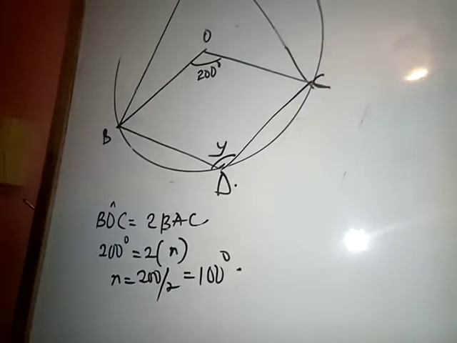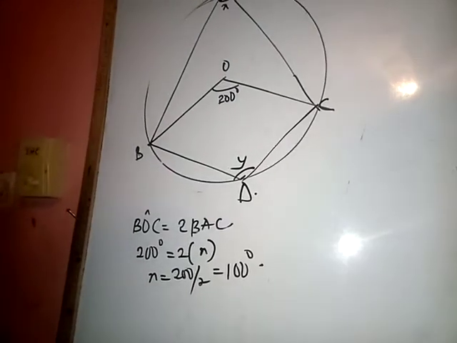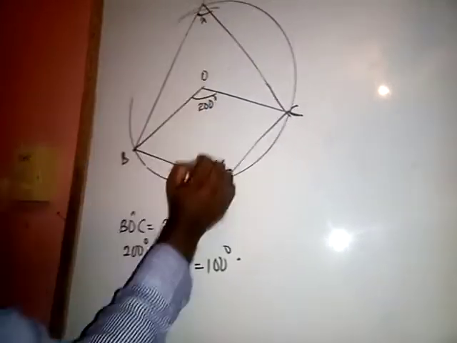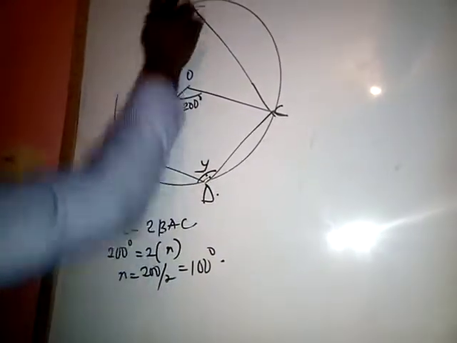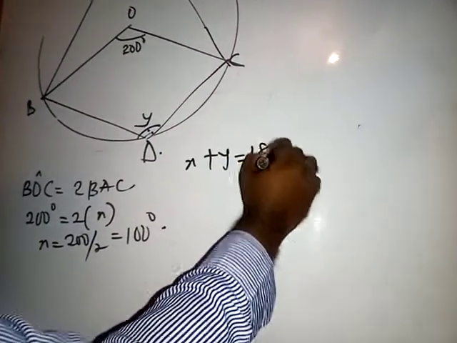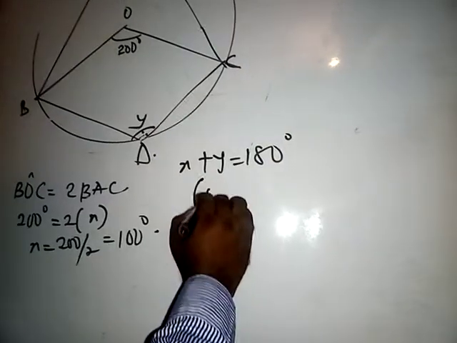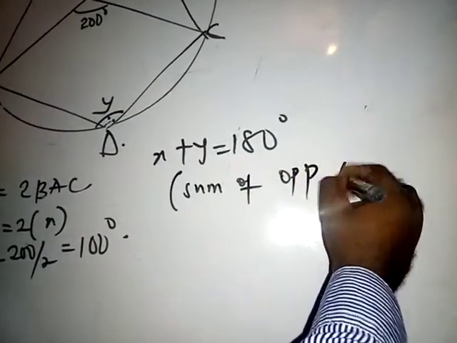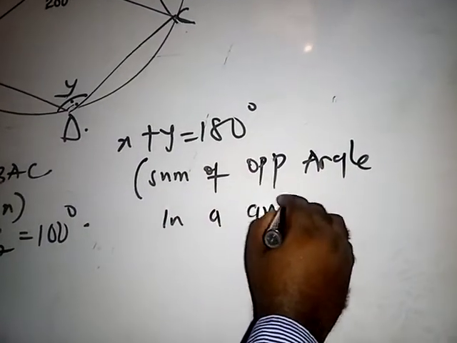Now guys, there is one important law that I did not tell you. You see, any angles here and here facing each other, shortcut: x plus y is equal to 180. Why? Sum of opposite angles in a cyclic quadrilateral.